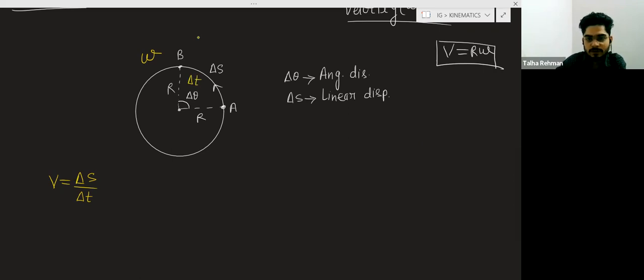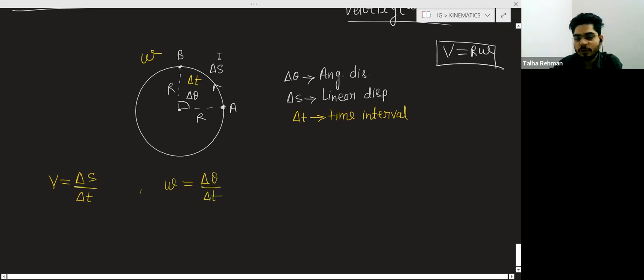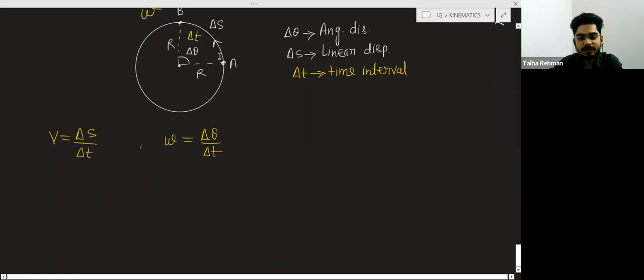Delta t, time interval. And what is omega? Omega will be delta theta divided by delta t. Generally we talk about the angular velocity.